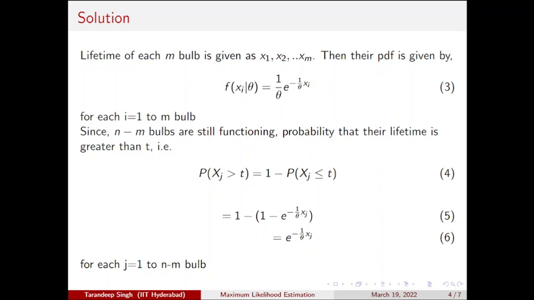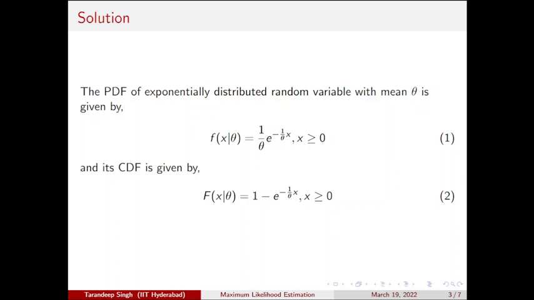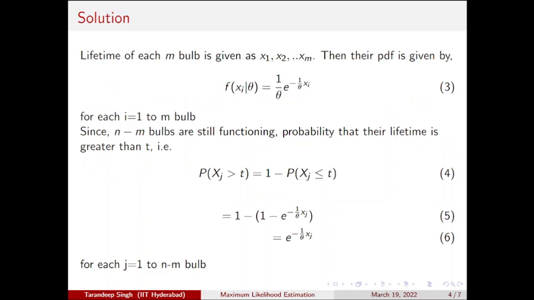Using the CDF, we can easily find that. Since we know that the CDF is given in this form in equation 2, we can use this equation to find it for time greater than t.